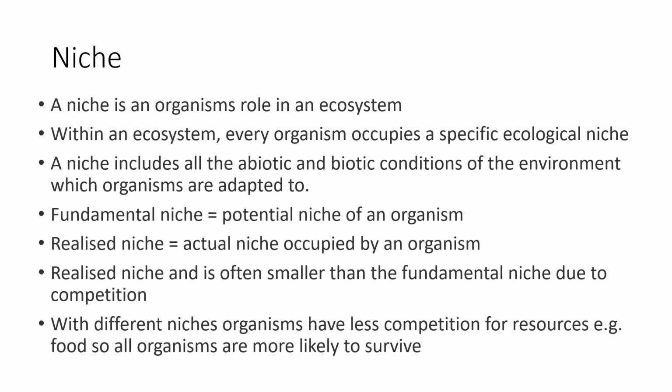With a range of niches, every organism has its own niche, and because it has its own niche, they're not competing for the same material, and less competition means that those organisms are more likely to survive. If every organism had the same niche, they'd all be competing for the same resources, and as a consequence, many of them would not survive.